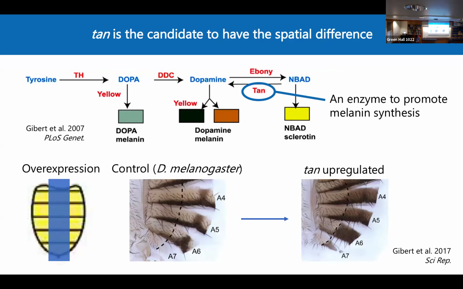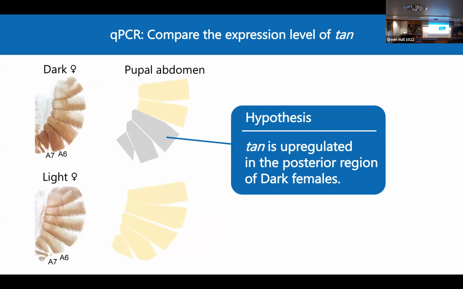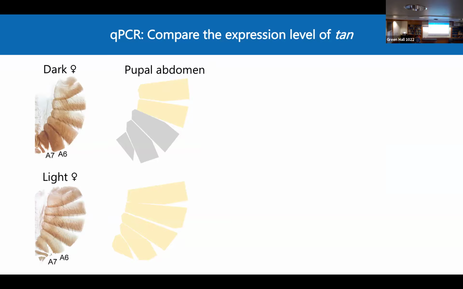And so when it's overexpressed in the dorsal midline, it will promote the formation of melanin. So it's possible to predict that tan is highly upregulated in the posterior region of the dark females. So I tested this hypothesis by qPCR.